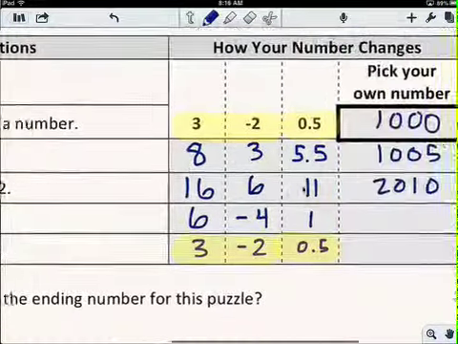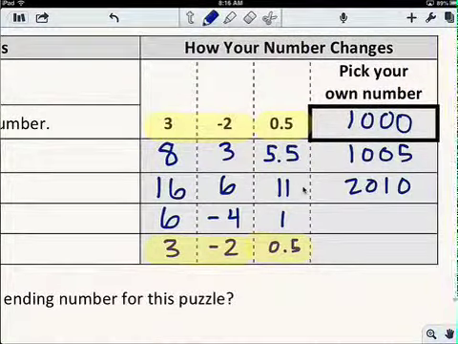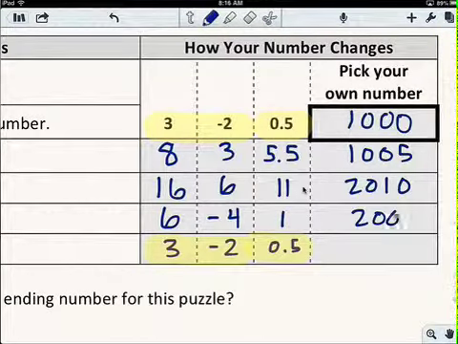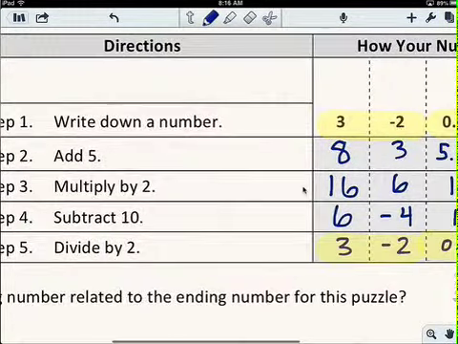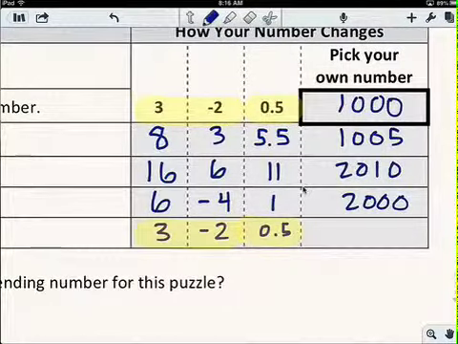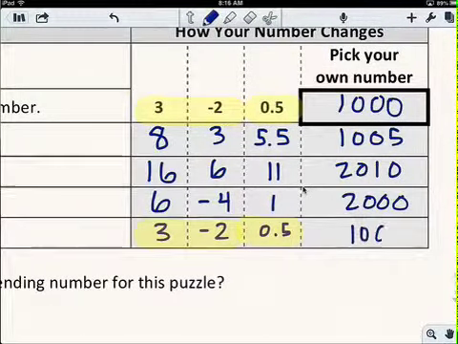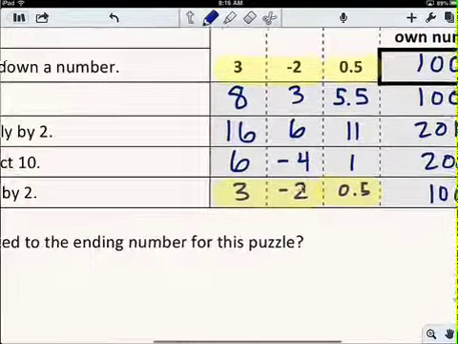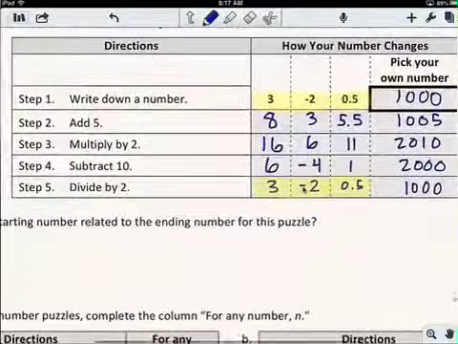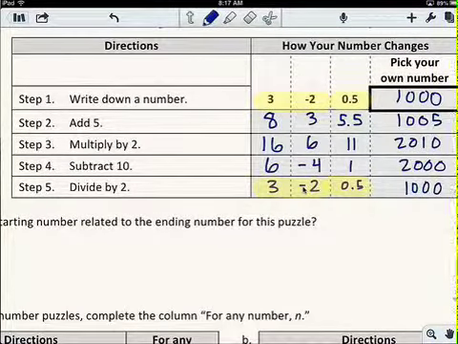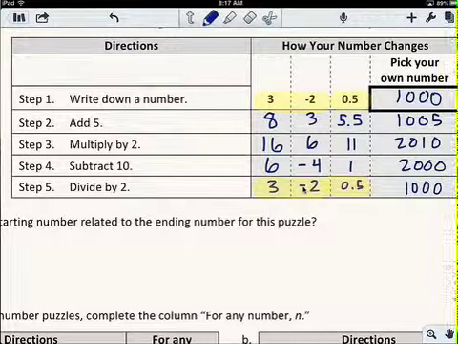Then I subtract 10. 2,010 minus 10 is just 2,000. And then divide by 2. 2,000 divided by 2 is 1,000. And so it seems like every time you pick a number to start with, this magic number puzzle just gives you the number you started with.